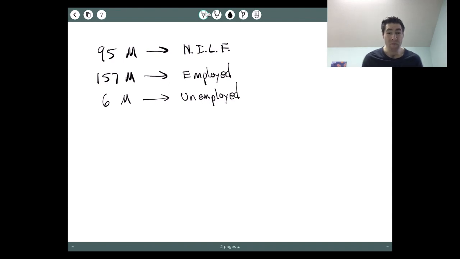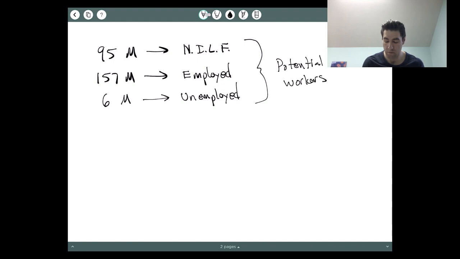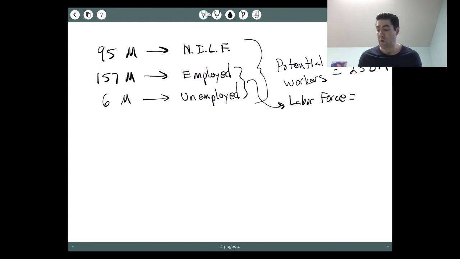So let's calculate our statistics based on this. Notice, by the way, if we take the total of this, our potential workers is 258 million. And inside of that, we have our labor force, which is 163 million.